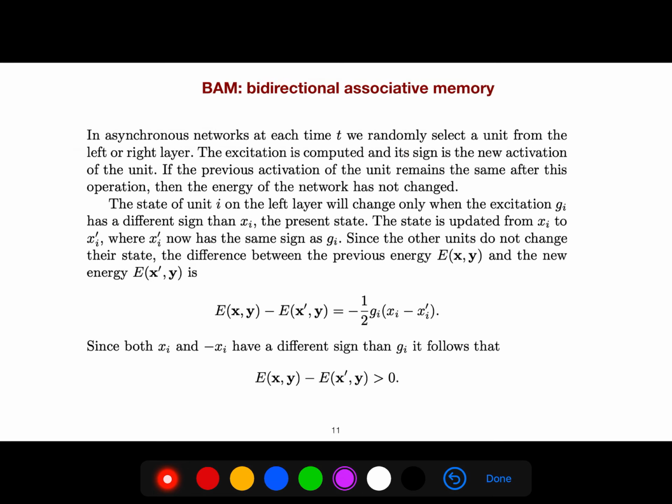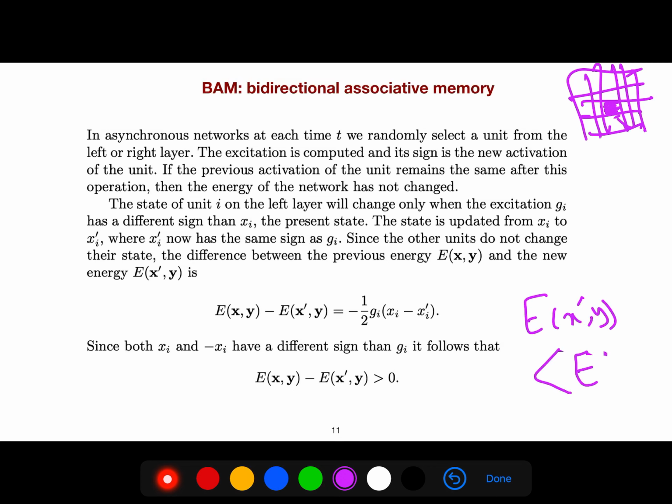And then we are trying that if we change one bit of this two-dimensional pattern of neurons, each square is a neuron. It could be fired or not. It could be 1 or 0. So if we just pick one of them and update it, then the energy will be reduced. Energy is less than the original, when we haven't changed one of the bits.